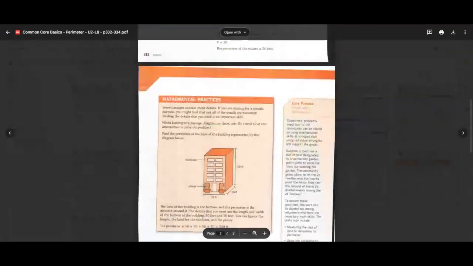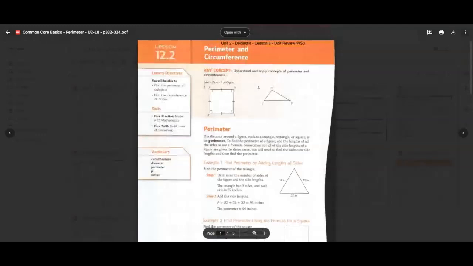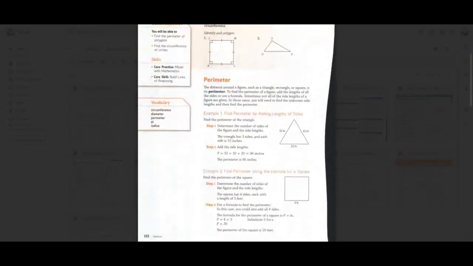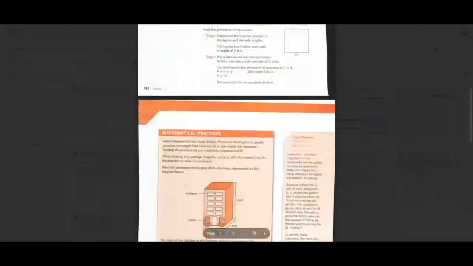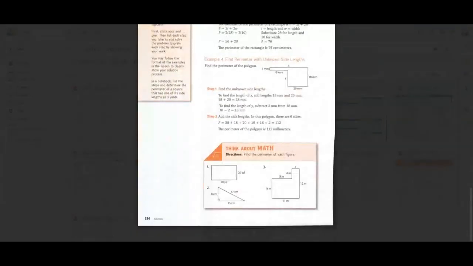I believe it's only on, well, number 1 and 2, they want you to identify what those polygons are. And then at the bottom down here are the problems that you work.